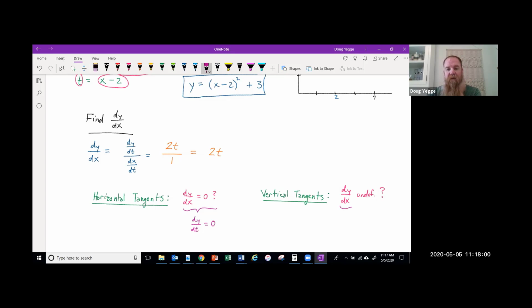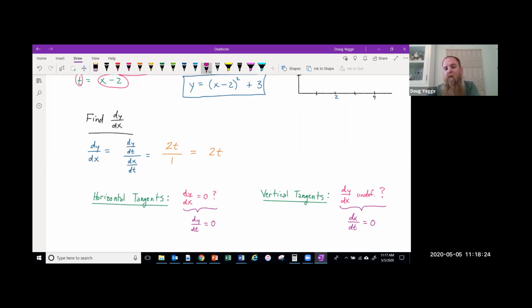And I know dy/dx is undefined because this is always going to be a fraction of dy/dt over dx/dt. I know that dy/dx will be undefined when the denominator is 0. So vertical tangent lines are when dx/dt is equal to 0. That seems pretty reasonable.